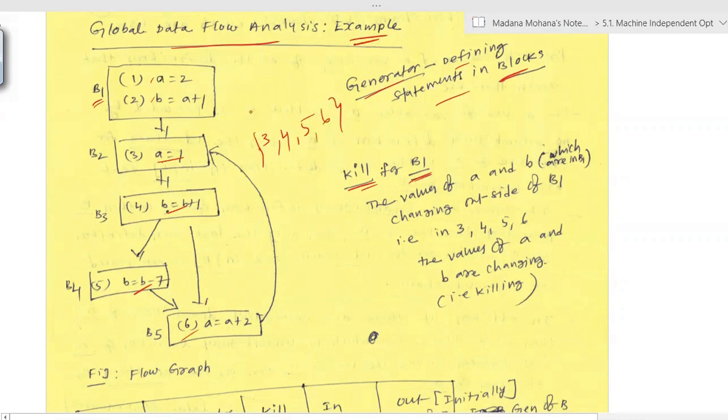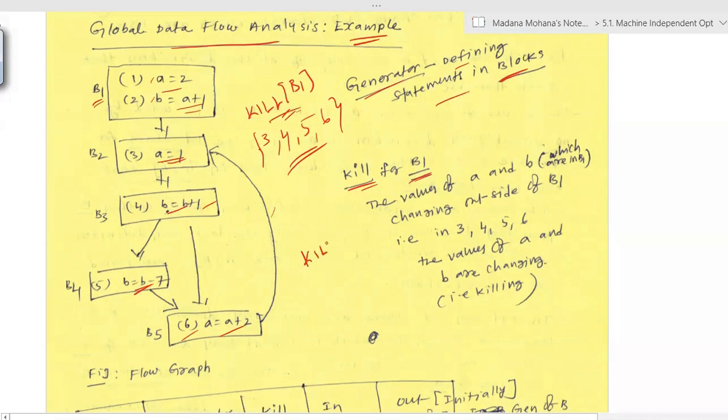Now you can see these are all called KILL of block B1, equal to these values. Why? Because here A equal to 2, B equal to A plus 1. Here A equal to 1 is killed, the same definition is not used. B equal to B plus 1, the definition is changed. B equal to B minus 7, the definition is changed. A equal to A plus 2, the definition is changed. All are different definitions other than in B1. So those are all called KILL of B1.